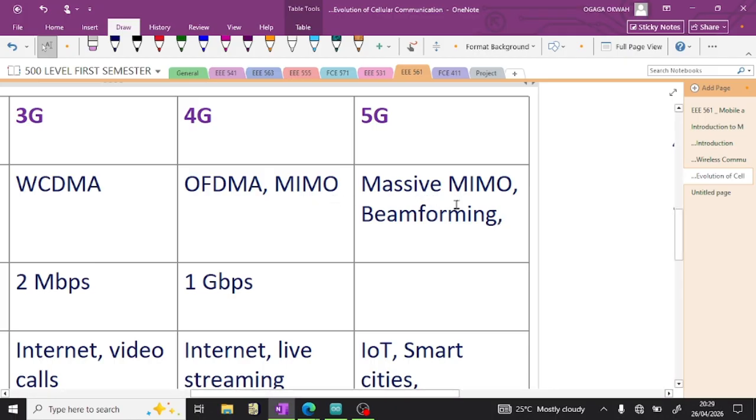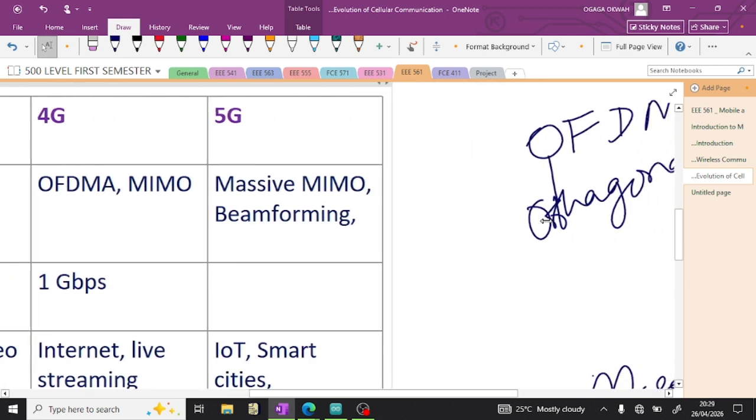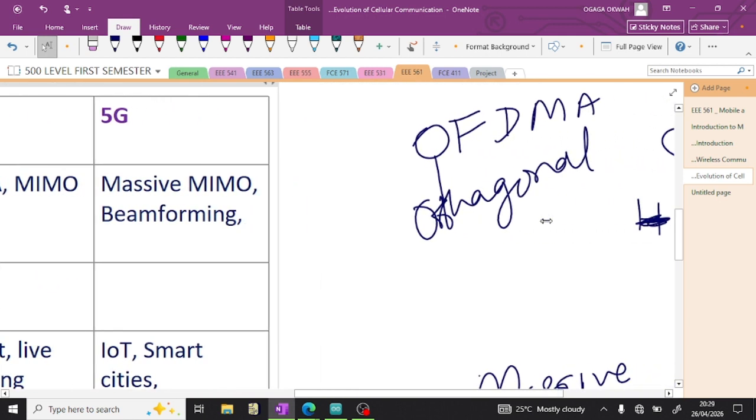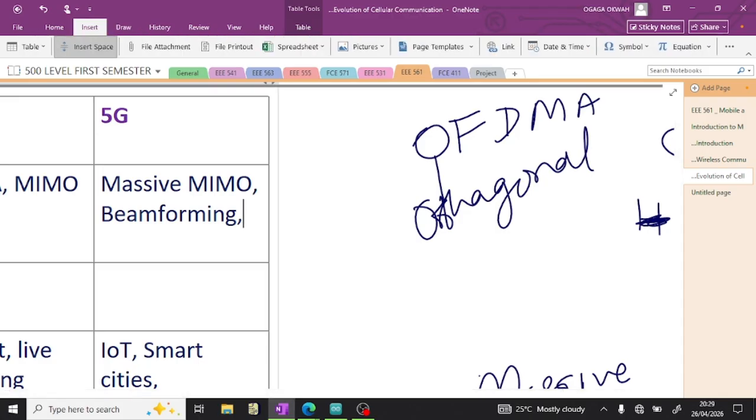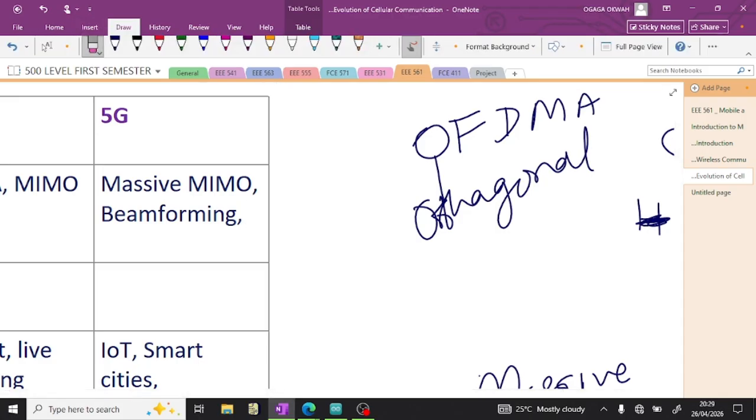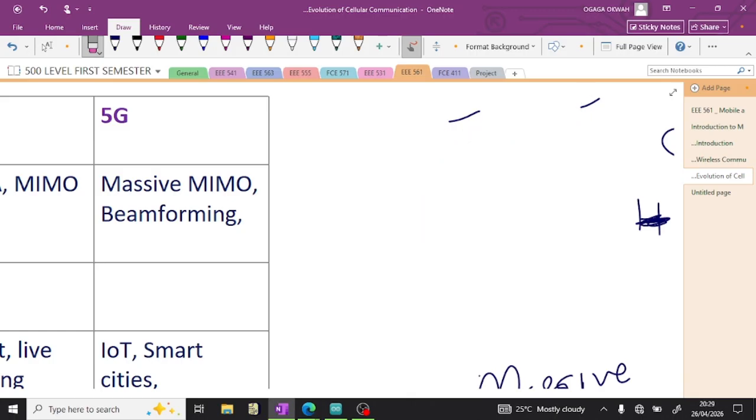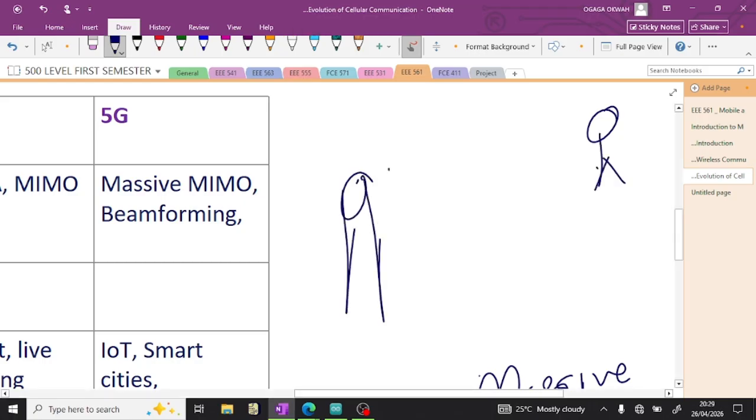What beamforming actually means is that instead of using the antenna to spread the signal, the signal is concentrated to a user. So let's say you have a user here, and then you have your antenna.